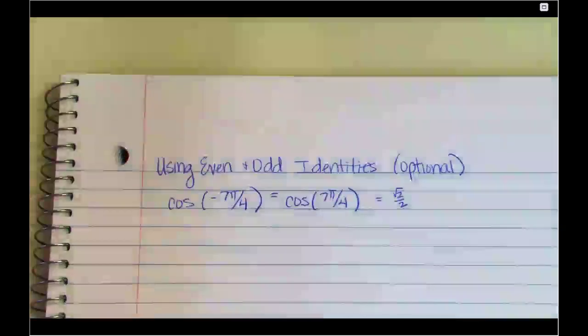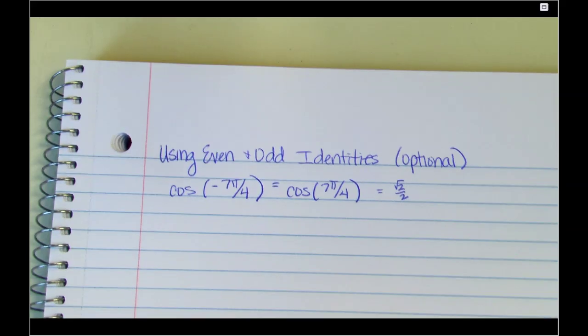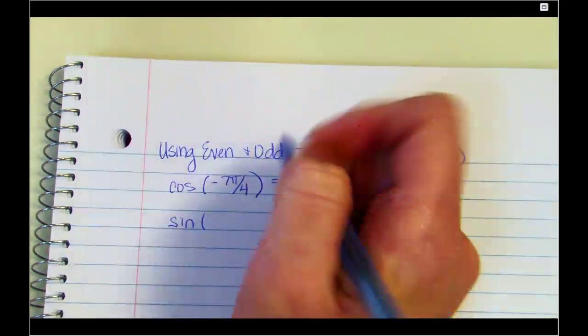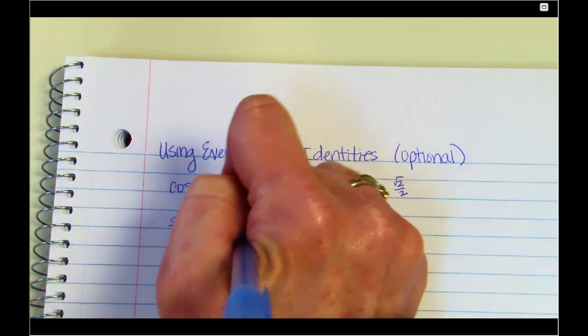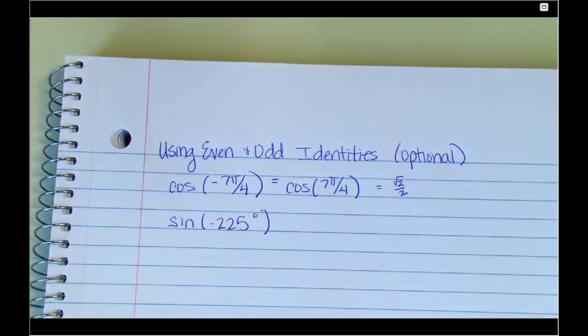Okay, so for example, let's say I asked you to find the sine of negative 225 degrees. Okay, negative 225, not on the chart. So you have two options.